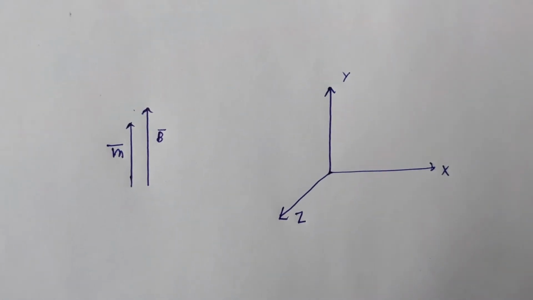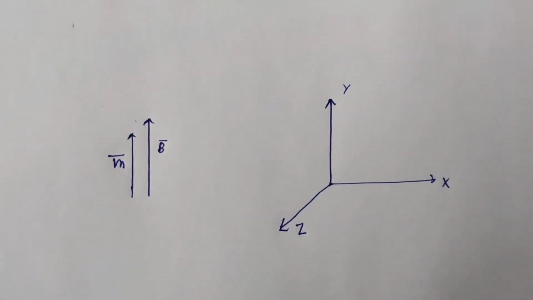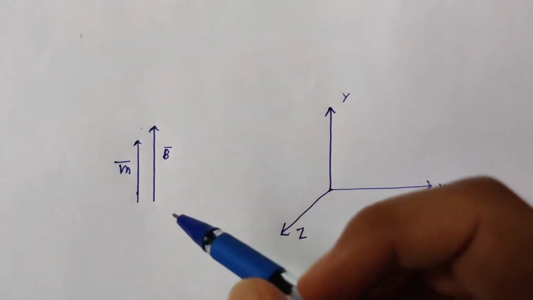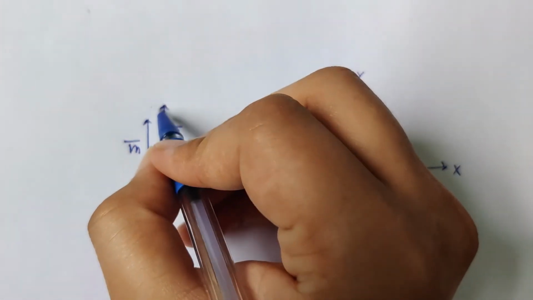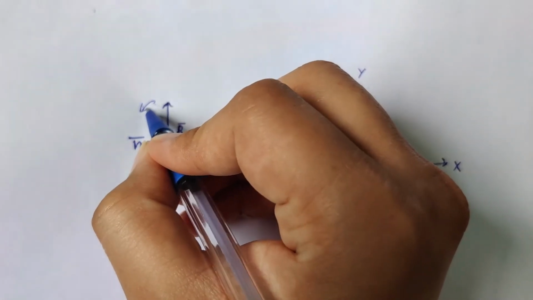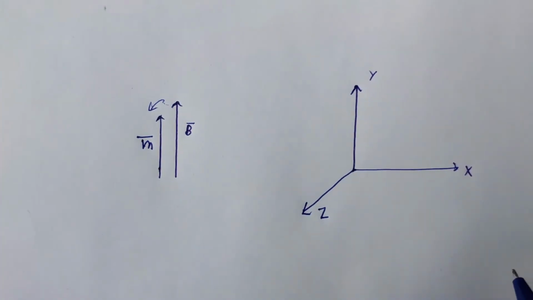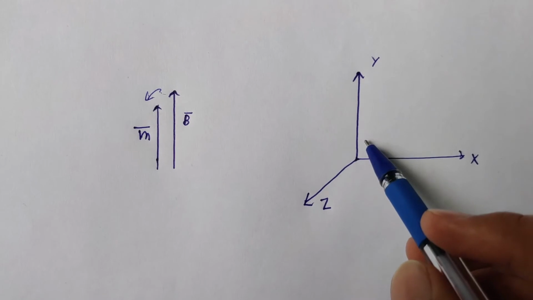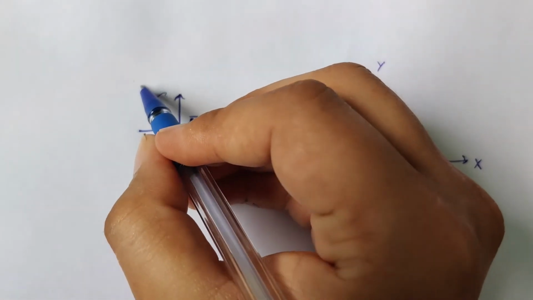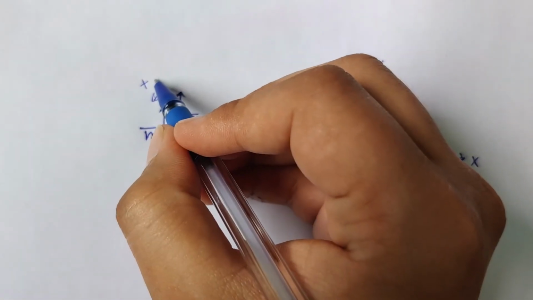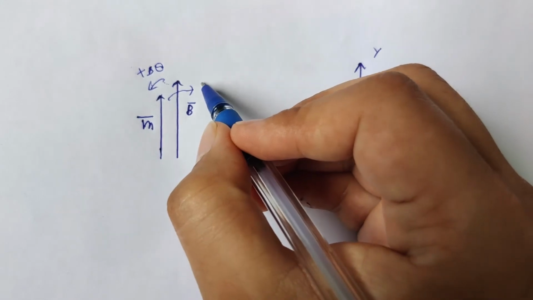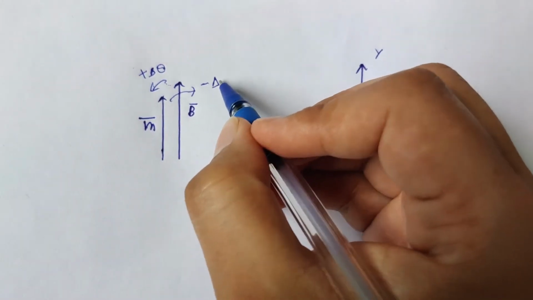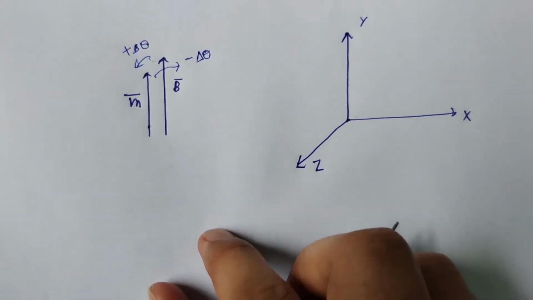One quick note before we begin to code: if we have a magnetic field lying in the upward direction and the dipole lying in the upward direction, for example, then if we nudge the dipole in this direction, according to the right hand rule, if you are using this coordinate system, this direction of angular displacement will be positive angular displacement, and if we nudge the dipole in this direction, then by right hand rule convention this will be the negative theta direction.